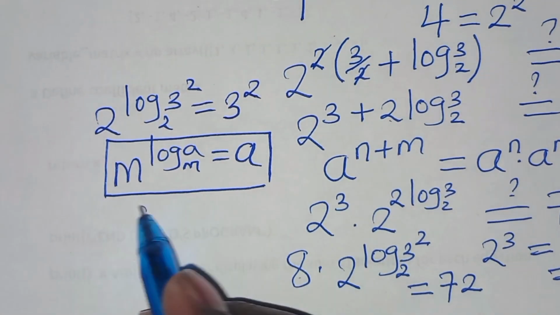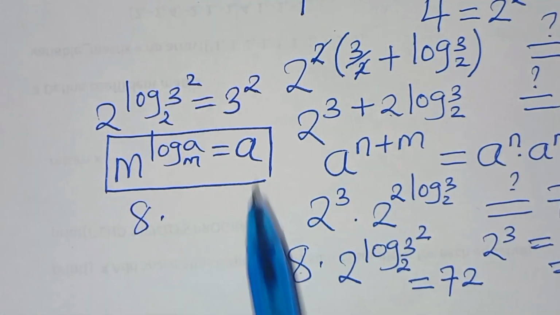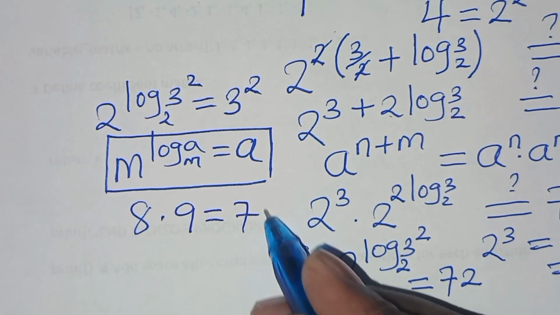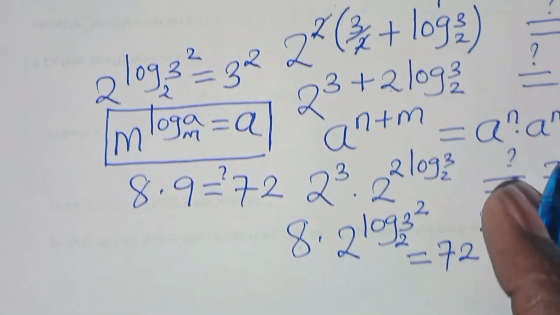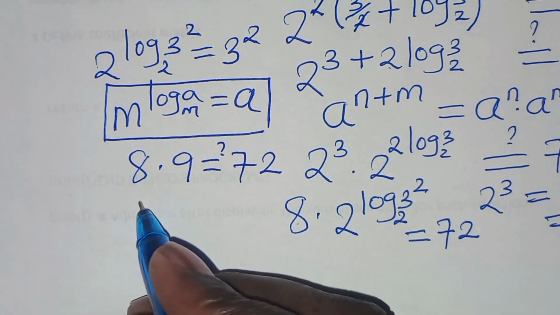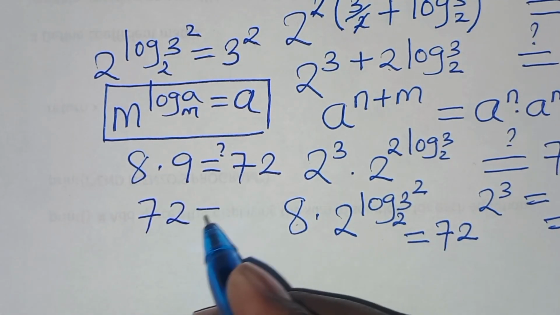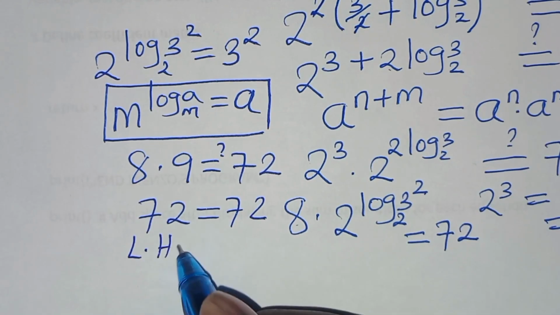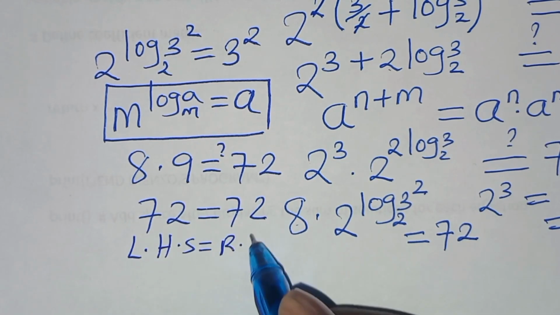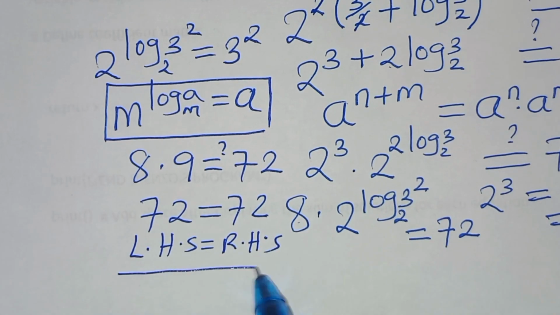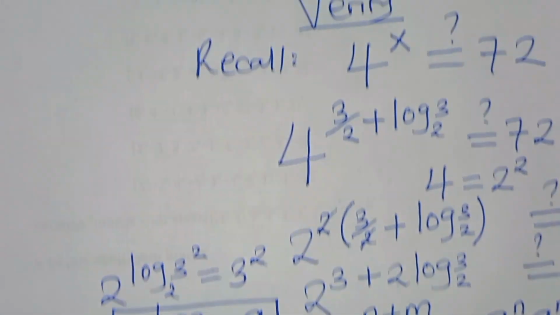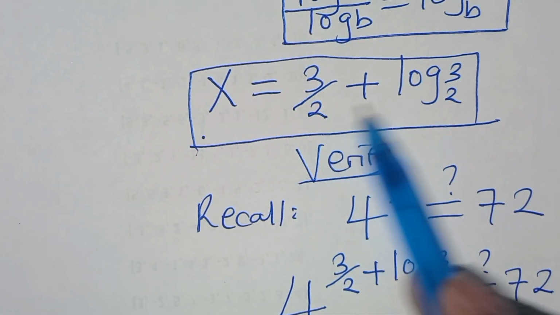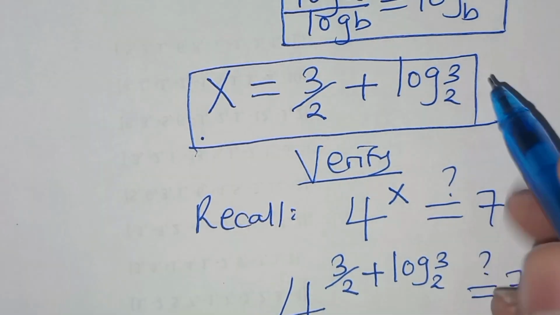Now, we have 8 times 3 squared, which is 9. So 8 times 9 is equal to 72, and this is equal to 72. That implies that the left hand side is equal to the right hand side, and this implies that the value of x, which is 3 over 2 plus log 3 to base 2, satisfies the equation.